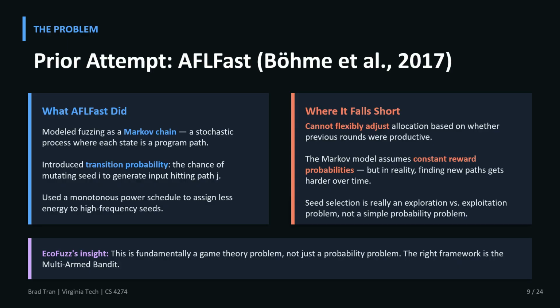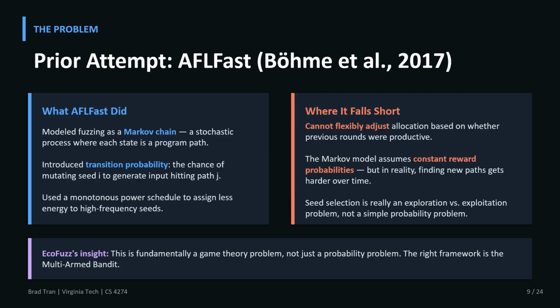AFLFast modeled CGF as a Markov chain, a stochastic process where each state represents a program path, and transition probabilities describe the likelihood of mutating a seed on one path to produce a test case that exercises another path. Using this framework, AFLFast implemented a monotonous power schedule that assigns less energy to seeds on high-frequency paths, which was quite a real improvement.